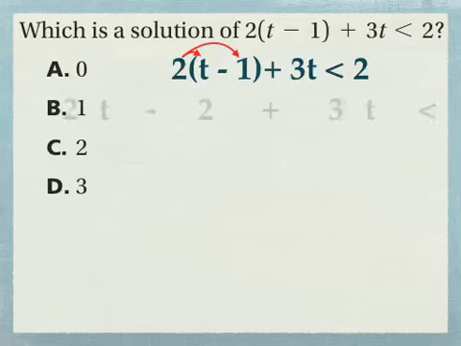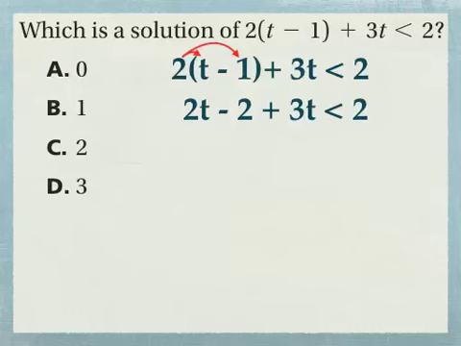When I distribute, I get 2t minus 2 plus 3t is less than 2. Now that I have distributed, I can combine my like terms. I have a positive 2t and a positive 3t on the same side of my inequality sign, so I can regroup them and do 2t plus 3t, which gives me 5t. The subtracting 2 is still there, and then it's less than 2.